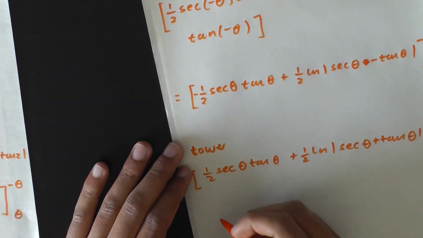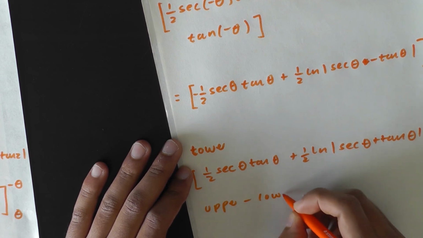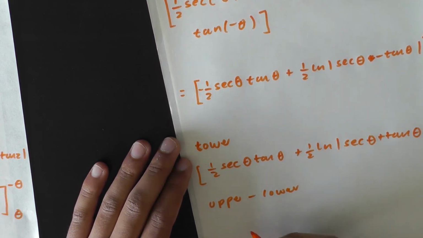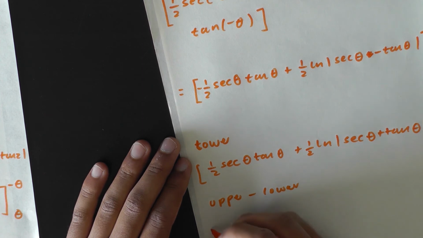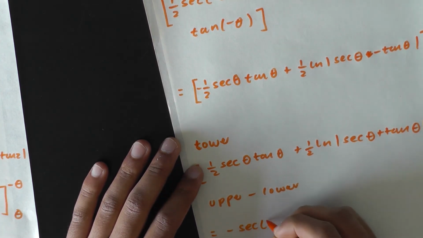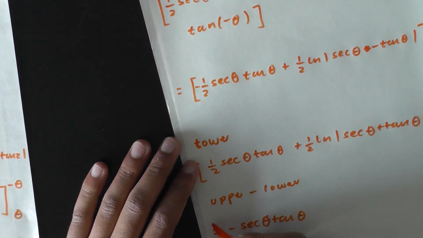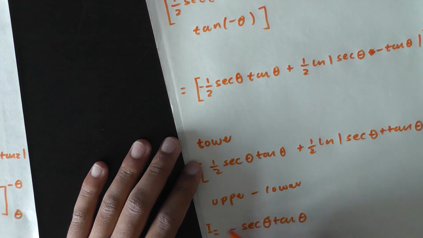Okay, so now we gotta do upper minus lower. I'll spare you the trouble, and it just looks like this. Minus sec theta tan theta. So this will be our integral for the moment.